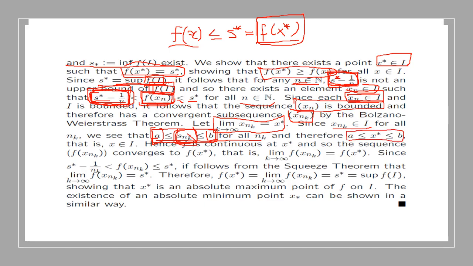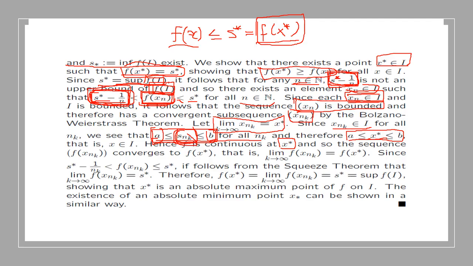So we are assuming that the interval I is the closed interval AB, so that tells you that x star belongs to the interval I, and therefore since f is continuous on I, in particular f is continuous at x star, right?